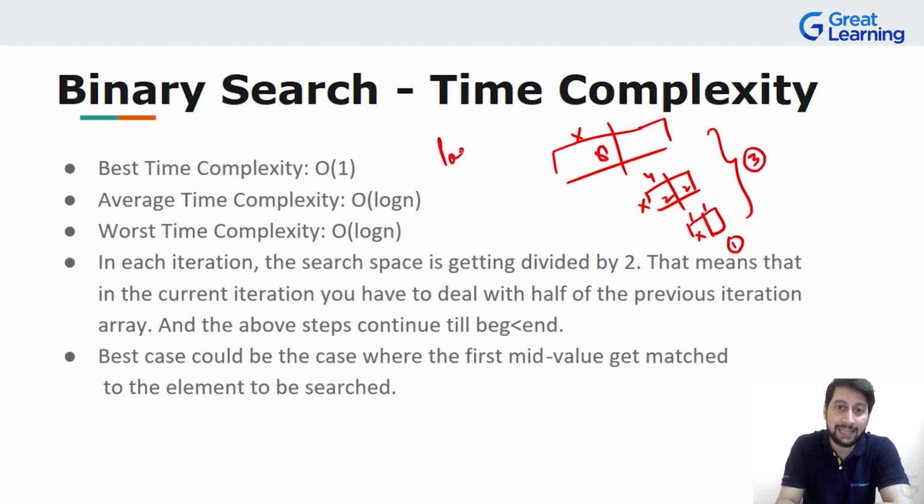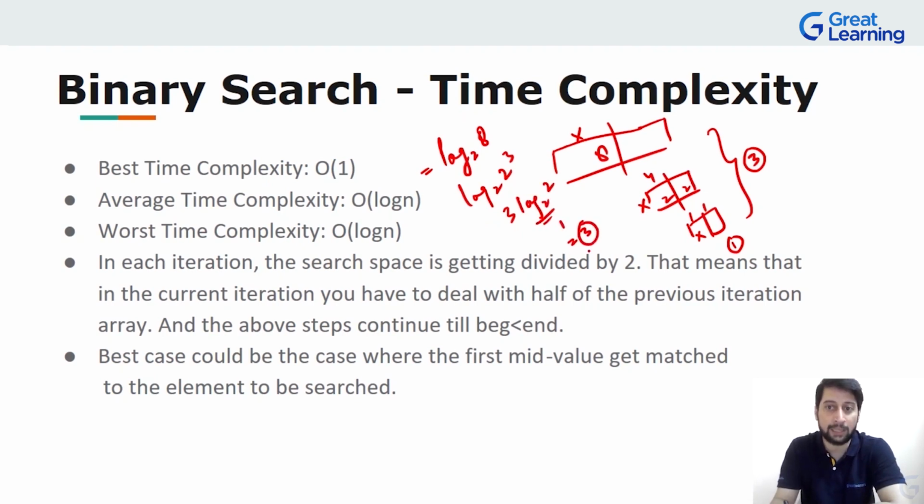Now, if I do log 8 to the base 2, what should be the value of this? This can be written as log of 2 raised to the power 3, and this can be written as 3 into log 2 to the base 2. Now this is 1, and now you get the answer as 3. So this 3 and this 3 are equal. That means the worst case time complexity of binary search will be around log n.